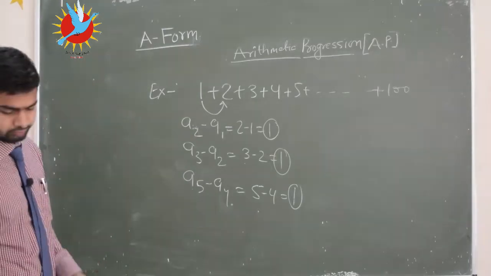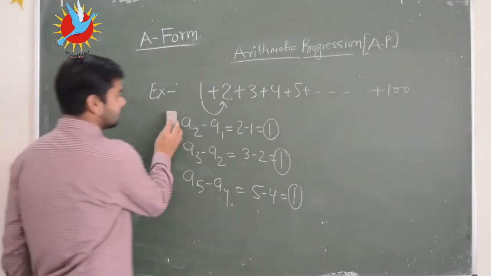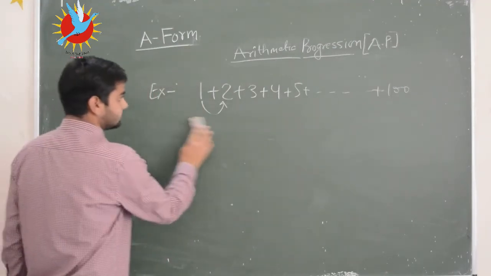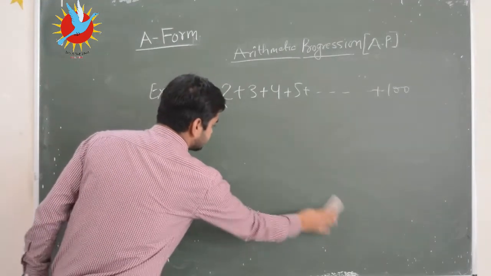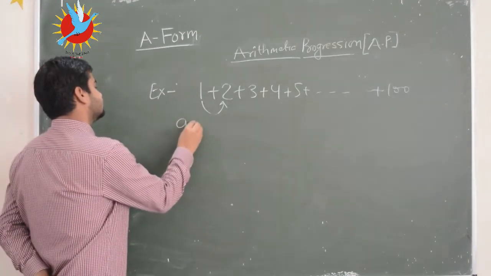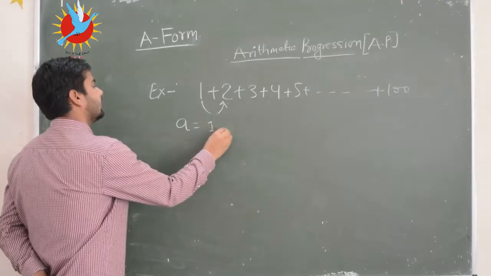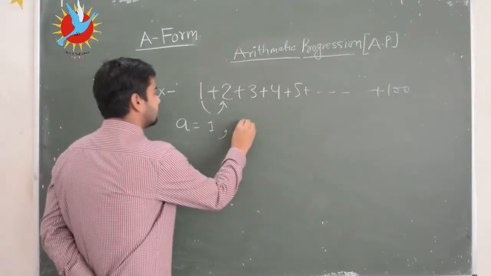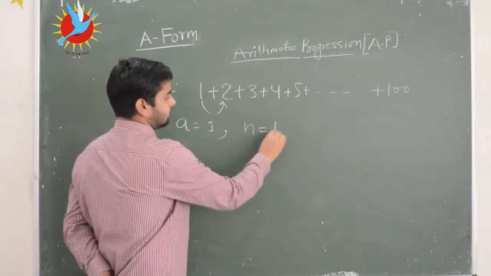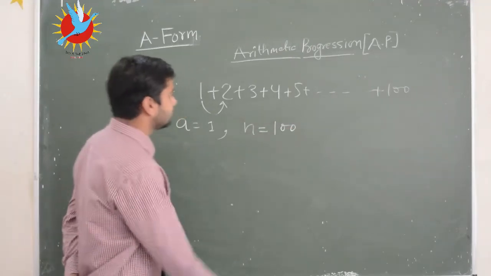So this sequence is an AP, and now we want to calculate the sum of these 100 terms. We have the first term a equal to 1, and the number of terms, from 1 to 100, is 100, so n is 100.